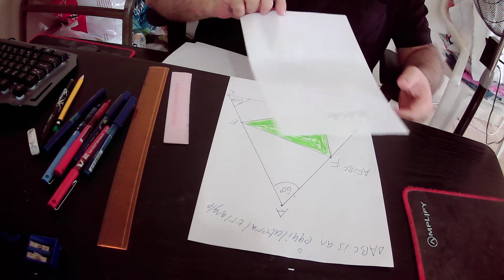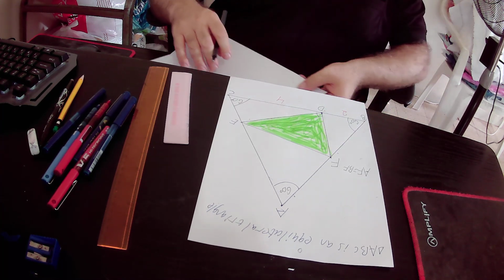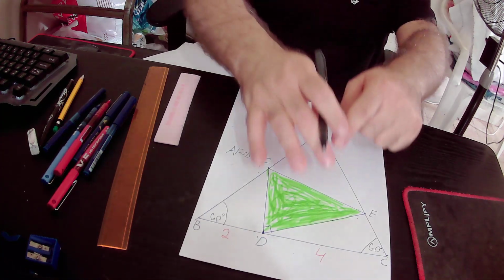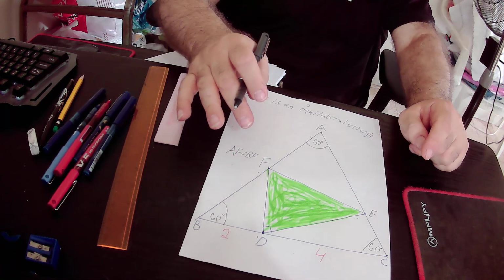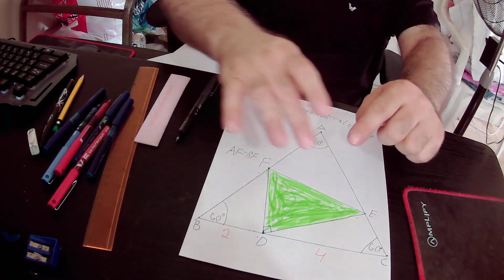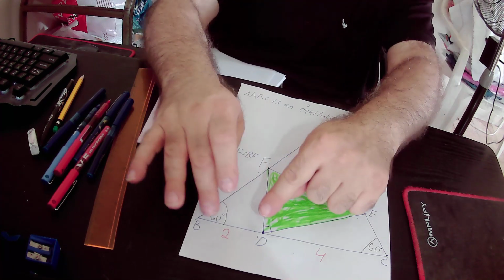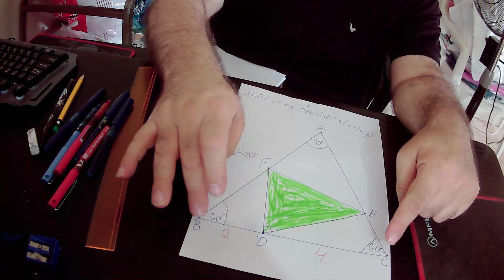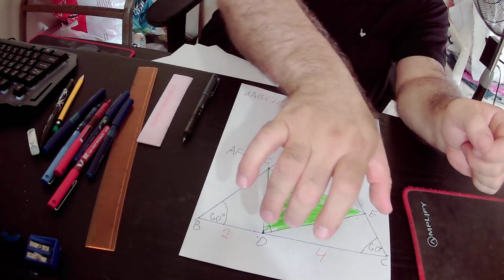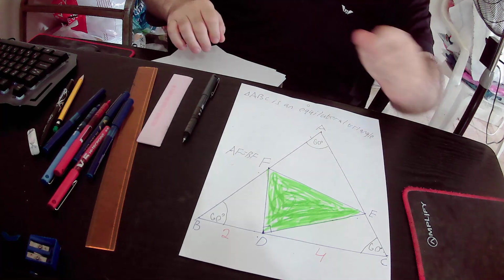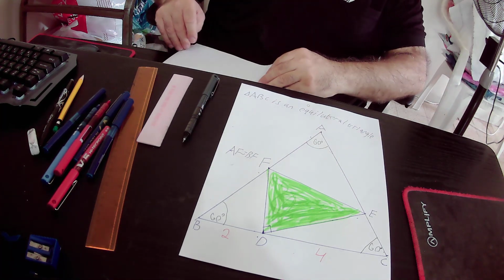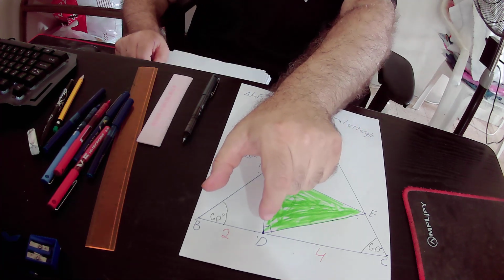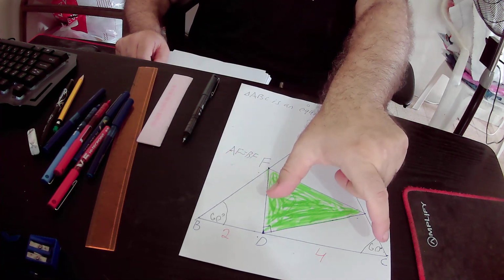Okay, but what is the size of side BC of the equilateral triangle? BC equals BD plus DC. But we know that the size of BD is 2 units and the size of DC is 4 units.